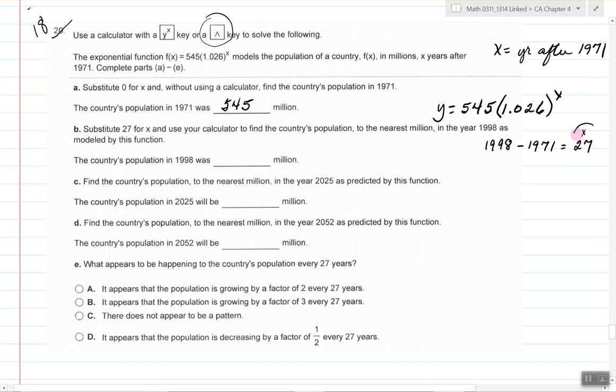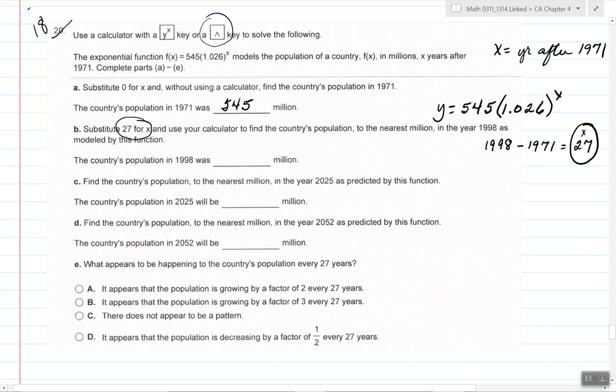X is 27 in the year 1998. So if they didn't tell me that X was 27, how would I get it? I would take the year and subtract 1971 from it.